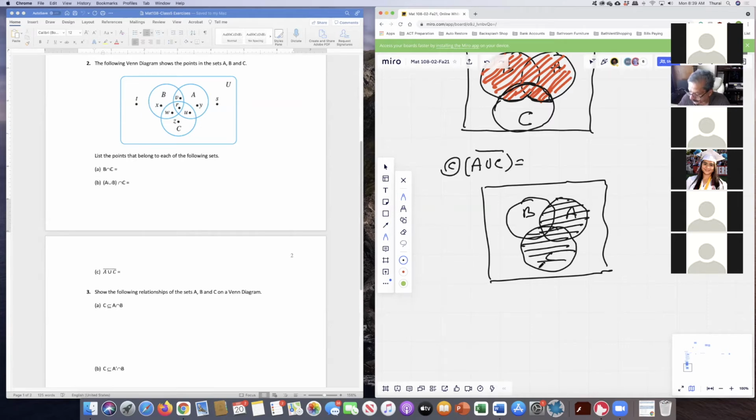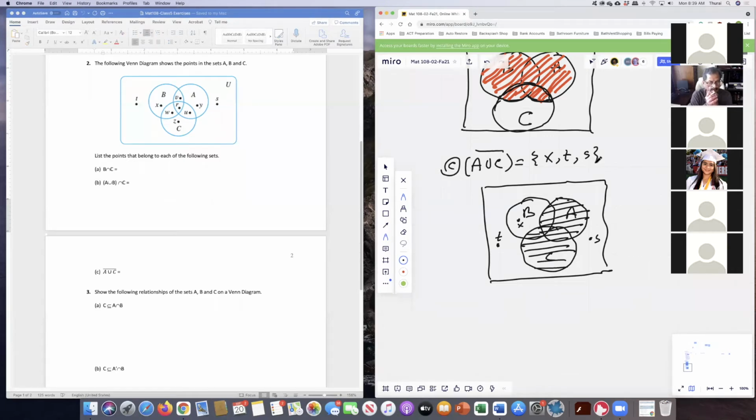This is A union C. So the complement of this is everything outside of it. Can you see that the X is outside of that, right? And the T is outside the shaded region, and the S is outside the shaded region. So the answer is X, T, S.